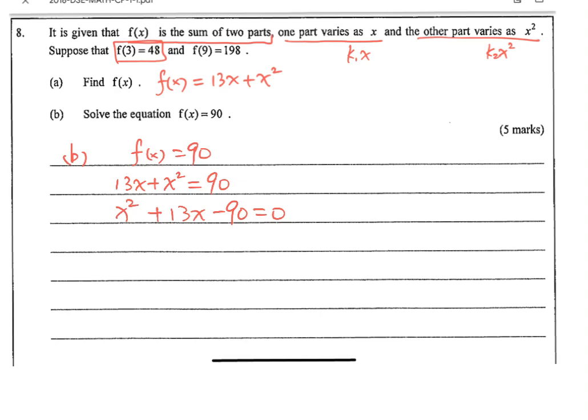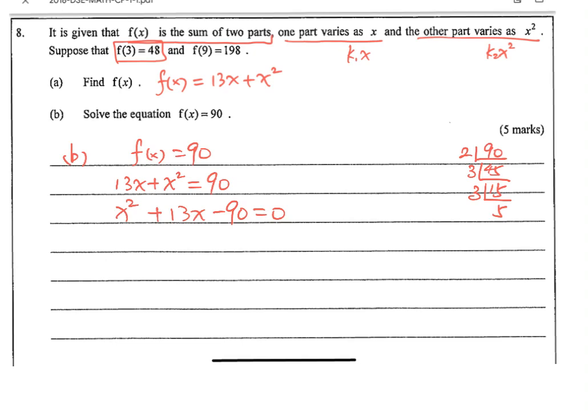So this can be 90. 90 can be separated into, let me see how to factorize this part. 90, let me do short division. 90 divided by 2, 45. 45 divided by 3, which is 15. 15 divided by 3, which gets 5.